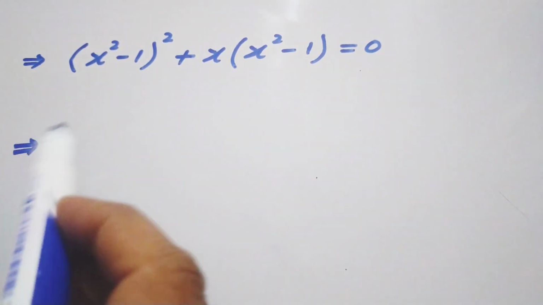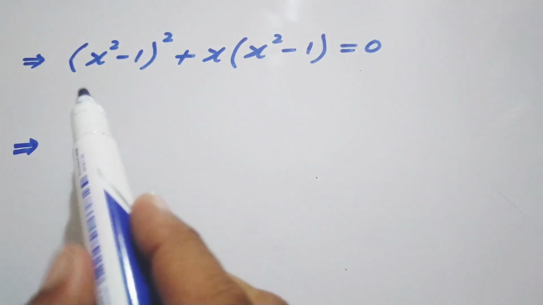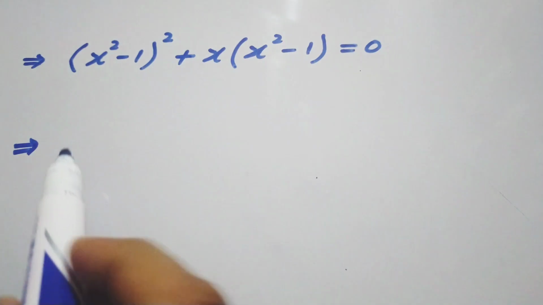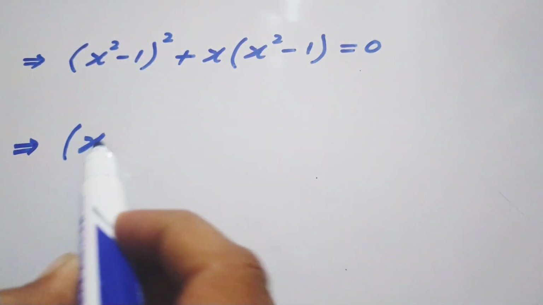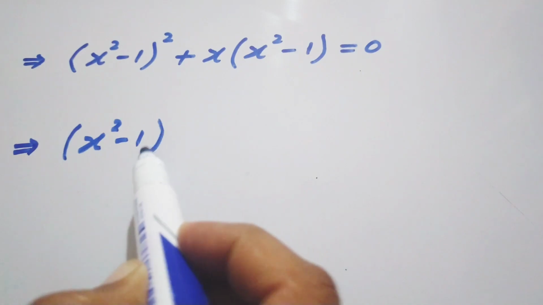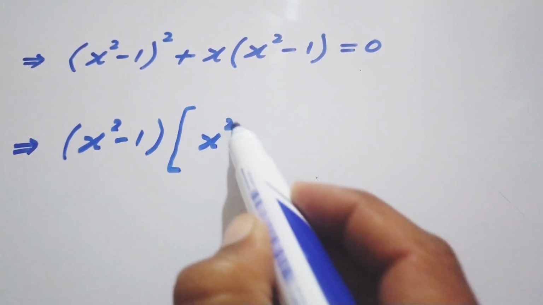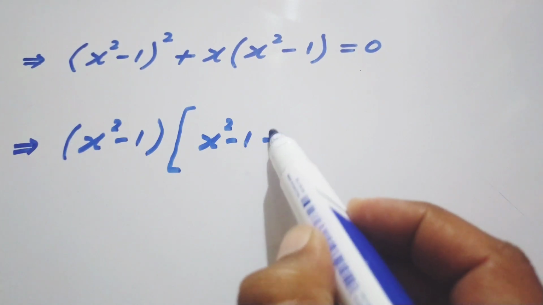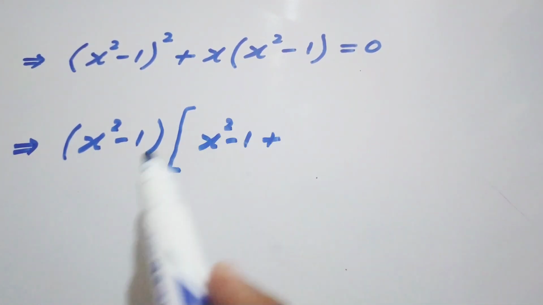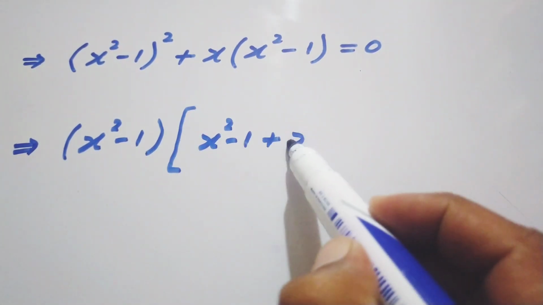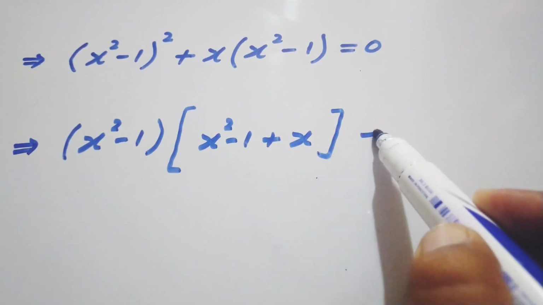Now here (x squared minus 1) whole squared and here x squared minus 1, so we will take this as common, x squared minus 1, and inside the bracket x squared minus 1 plus x, is equal to 0.